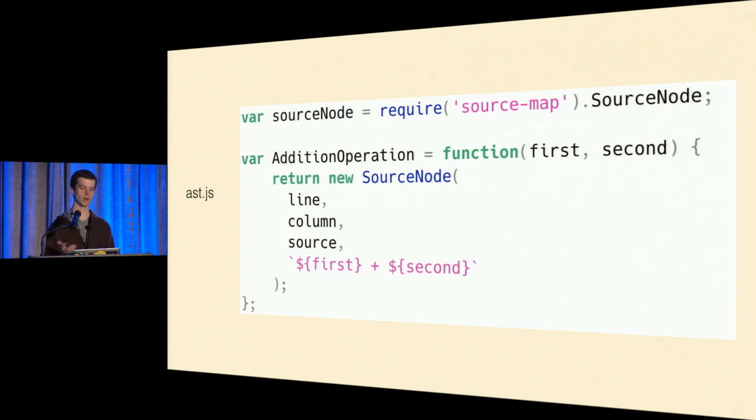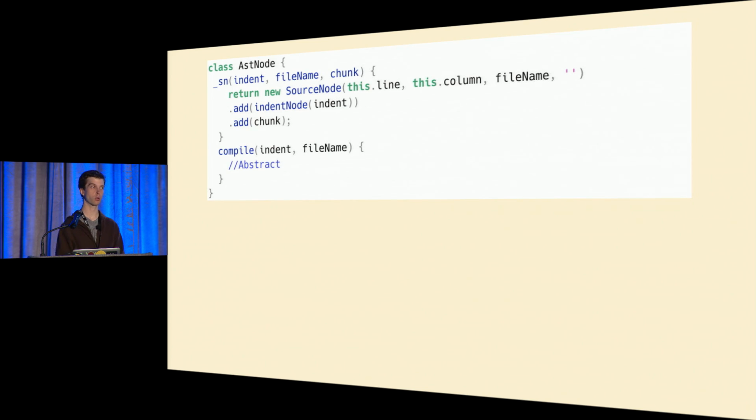So rather than returning strings, you return source node objects that take the line and column position from the original source, the file name, and the compiled string. In order to incorporate this into our transpiler, we can add some helper methods onto our abstract parent class to allow us to generate source nodes very easily.